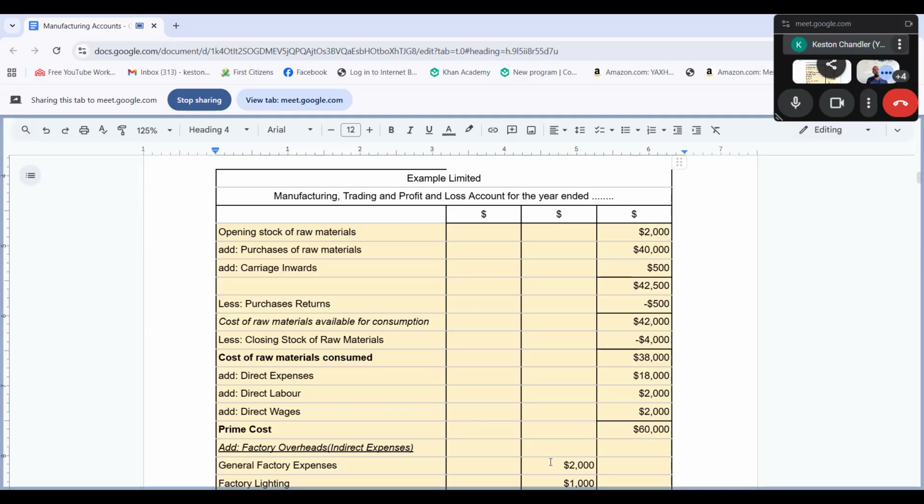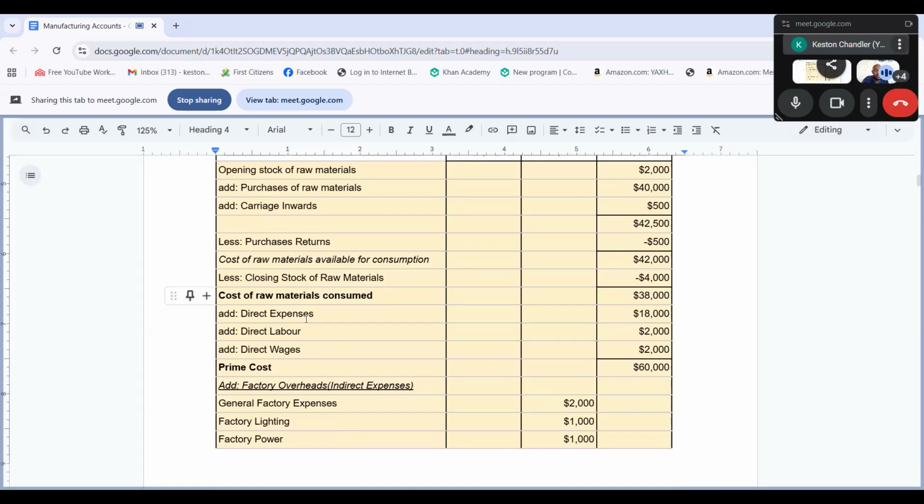The thing about direct expenses, and we're talking about any type of expense, be it material, labor, wages, that can be traced to every single unit of production. Because we have two types of expenses. We have direct expenses and we have indirect expenses. Now, what's the difference? So let's say we have people working on the actual furniture.